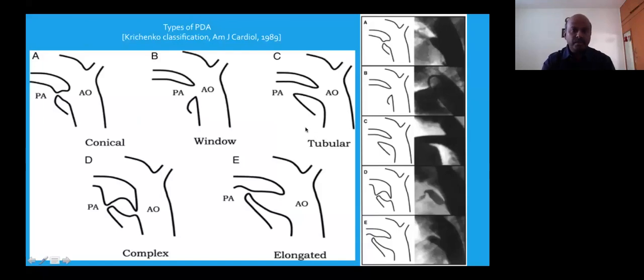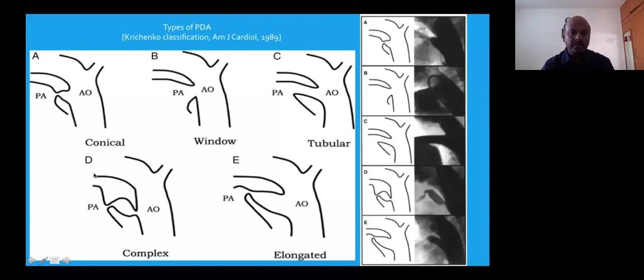So it has an implication when we are taking the baby for transcatheter interventions to close the PDA, not necessarily device. Depending on the morphology, that determines the choice of the occluder. It could be a coil, it could be a plug, it could be a duct occluder.